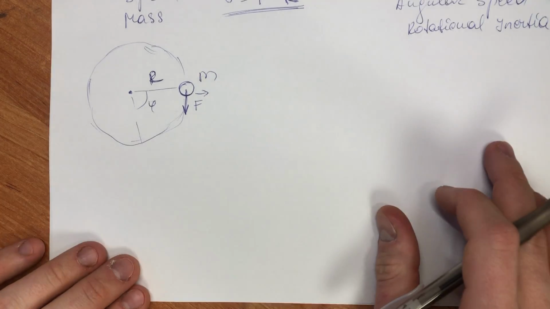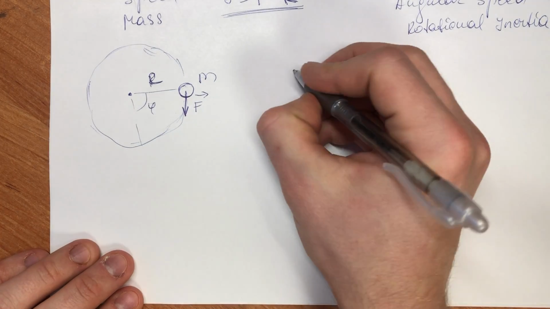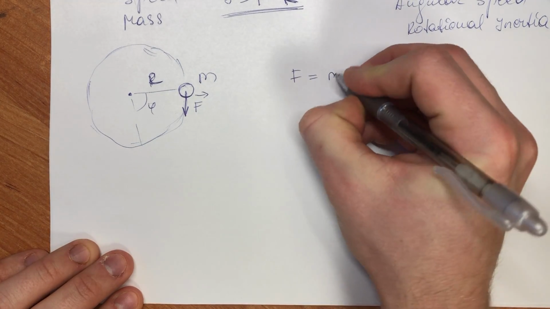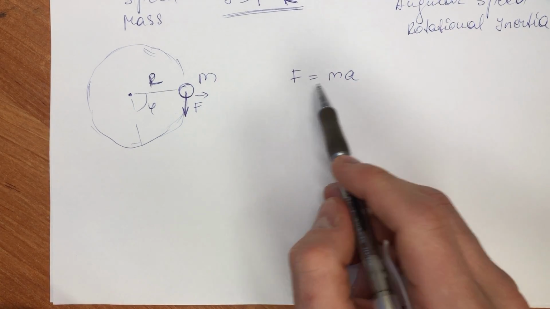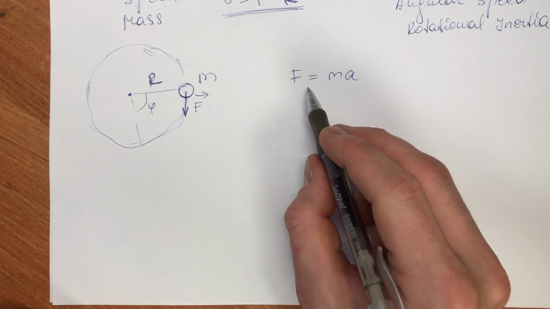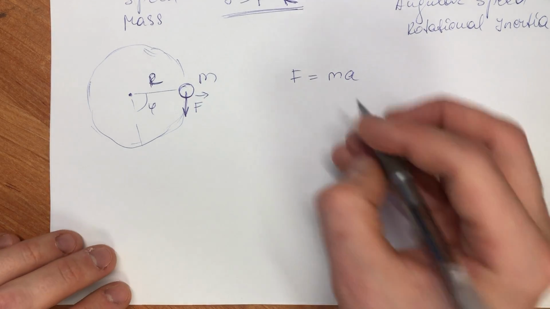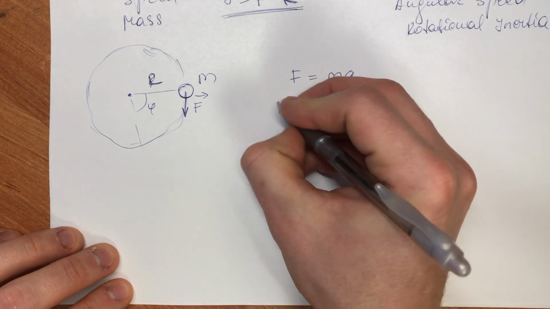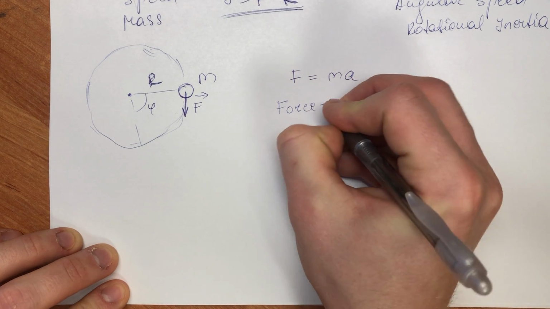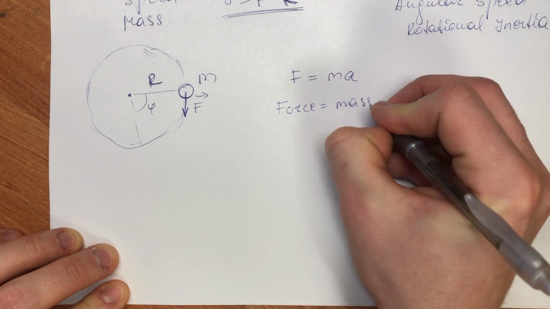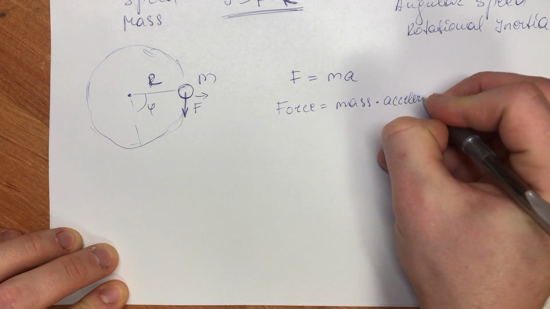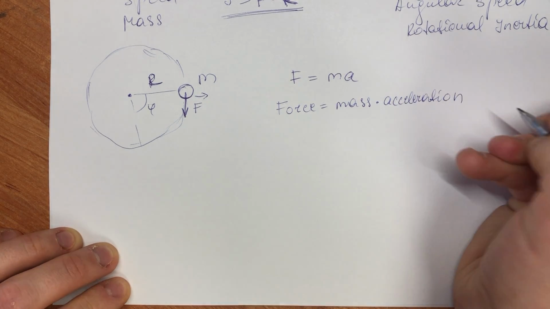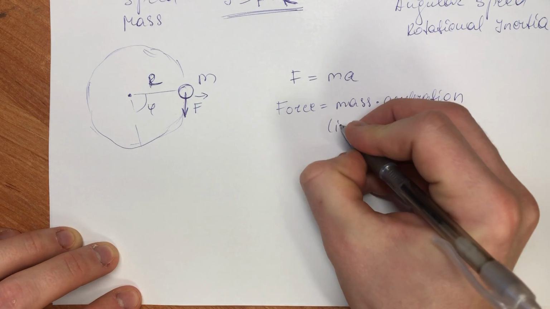So we can write in this example, Newton's second law for linear motion in a straight line: F equals ma, force equals mass times acceleration. So mass was inertia.